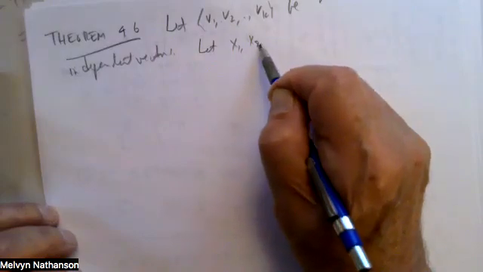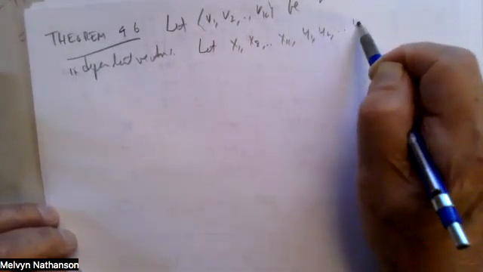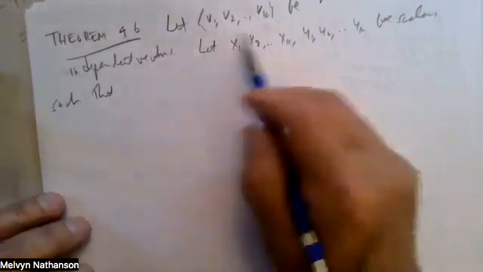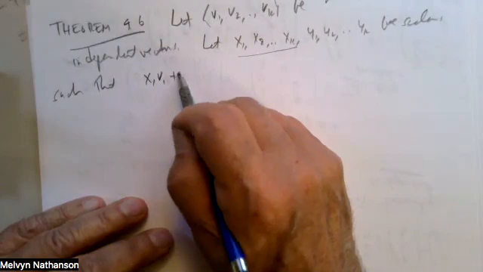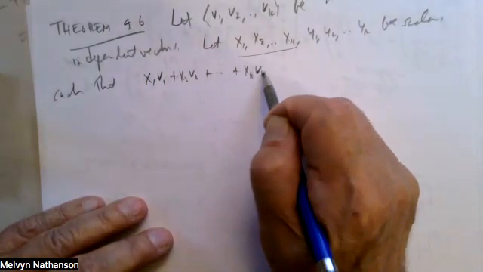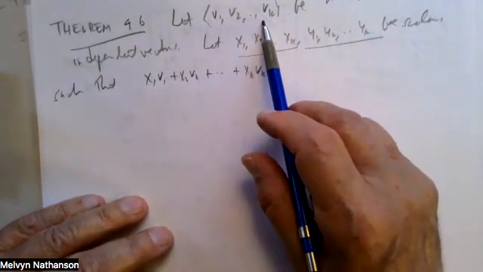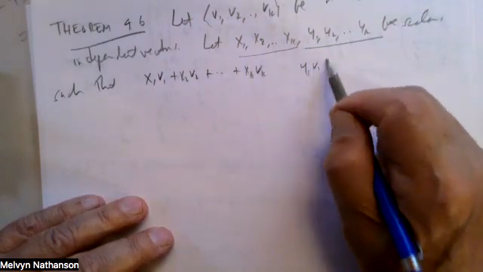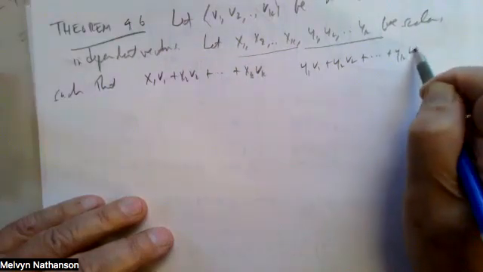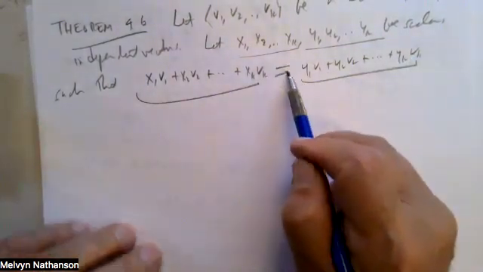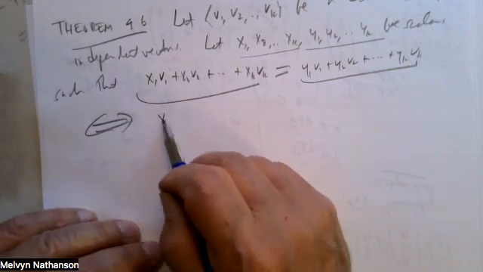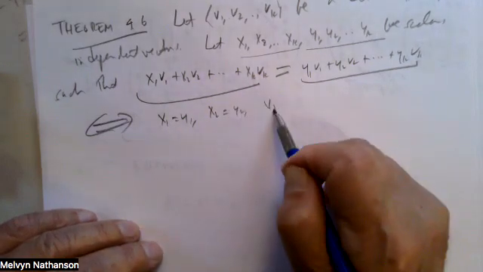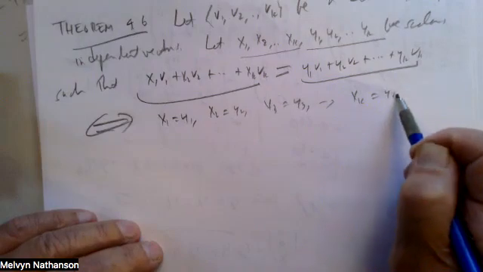Let x1, x2 up to xk and y1, y2 up to yk be scalars, such that if I take the linear combination of the vectors v with the scalars x1 up to xk, so x1 v1 plus x2 v2 up to xk vk, and I take the similar linear combination of these linearly independent vectors with the y scalars, y1 v1 plus y2 v2 up to yk vk, this vector and this vector are equal if and only if the scalars are exactly the same: x1 equals y1, x2 equals y2, x3 equals y3, up to xk equals yk.